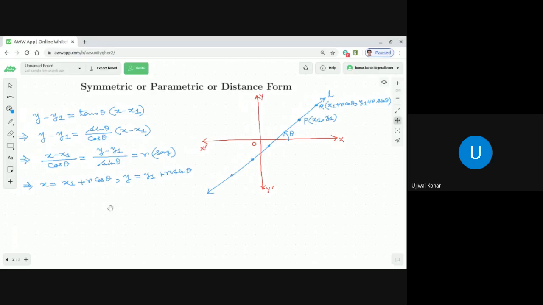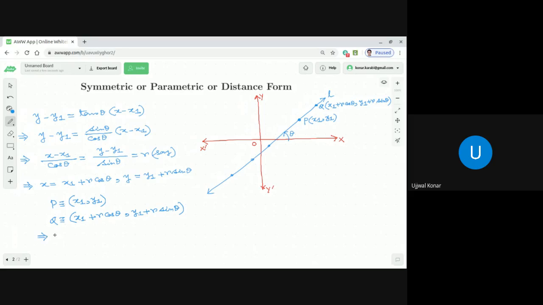So what is the coordinate of the point P? Coordinate of the point P, we get as x1 comma y1. And what is the coordinate of the point Q? An arbitrary point, we get x1 plus r cos theta and y1 plus r sin theta. Correct? So now, as we know the coordinates of these two points, we can find the distance between them.